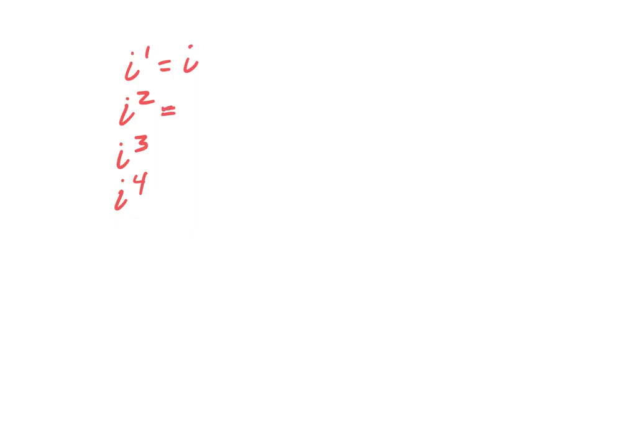i squared. Well, i is really the square root of -1. So if I take the square root of -1 times the square root of -1, when I take a square root times itself, the square root disappears. So i squared is really -1.